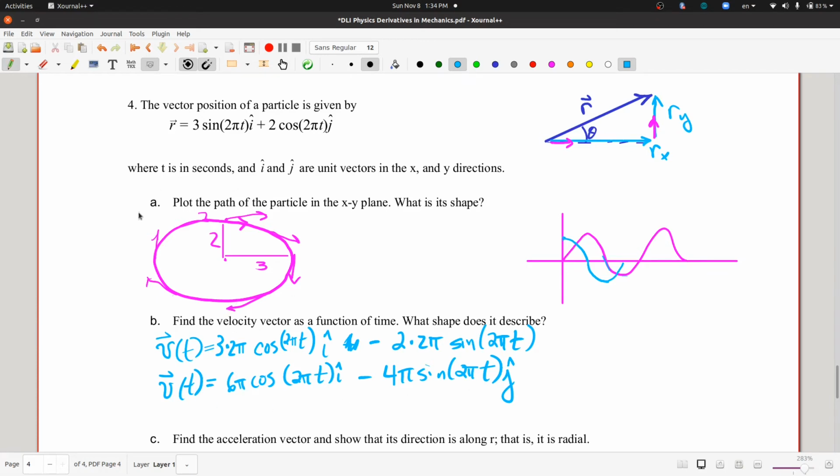It's an ellipse with an aspect ratio of 3 to 2, just scaled by a factor of pi. So the shape of this velocity vector as a function of time, it describes the same shape. The velocity vector's point is going to move around in an ellipse, just like this, but scaled by a factor of pi.